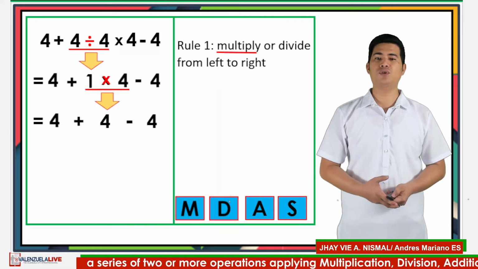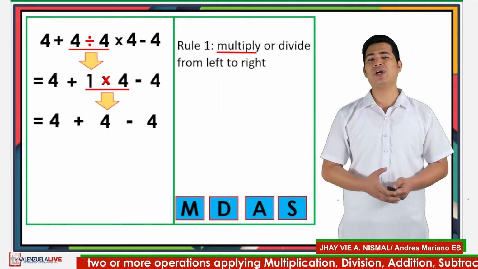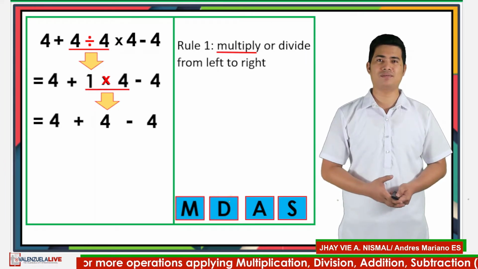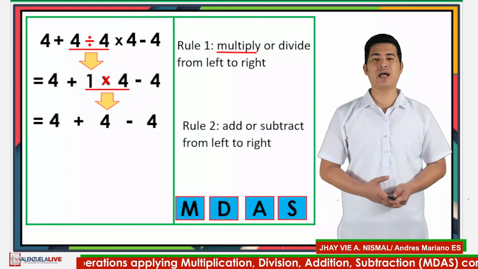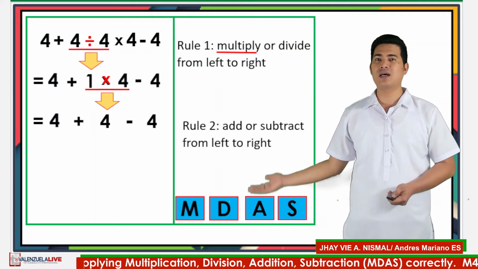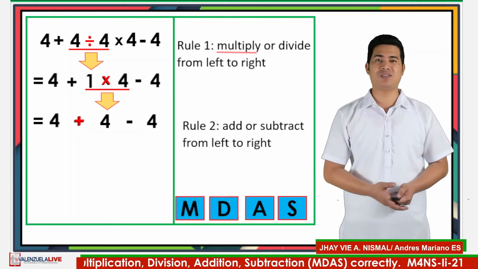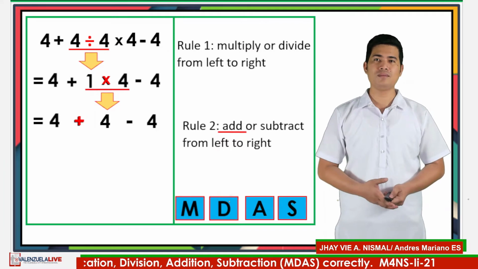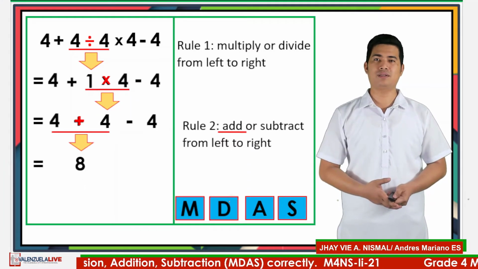Since we have two remaining operations, addition and subtraction, what operation must be carried out next? The rule says, add or subtract in the order as they come from left to right. Since addition comes first from left to right, let's add. 4 plus 4 is equal to 8.